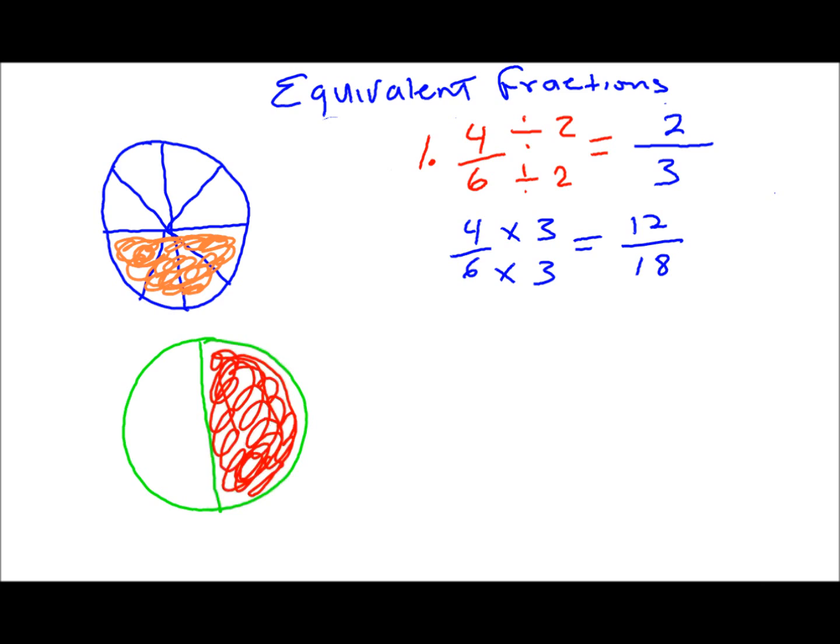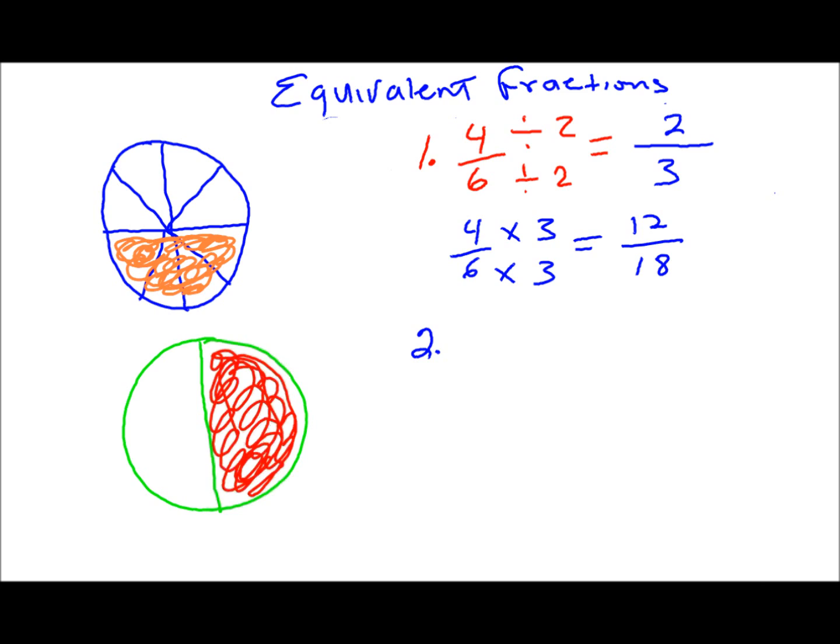What makes it equivalent is we multiplied both numerator and denominator by the same factor. So we're not changing the value. Here we divide by the same factor, and we're not changing the value. So let's take a look at another problem. There are myriads of ways that we could have done this, and myriads of fractions that would have given us equivalence. Actually, 2/3 would be in simplified form. But we're just trying to show you the concept for measuring equivalence.